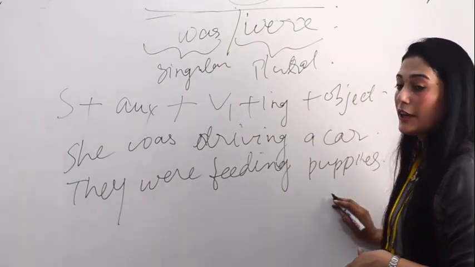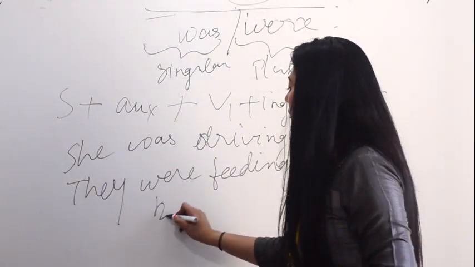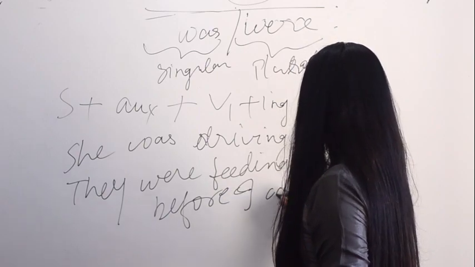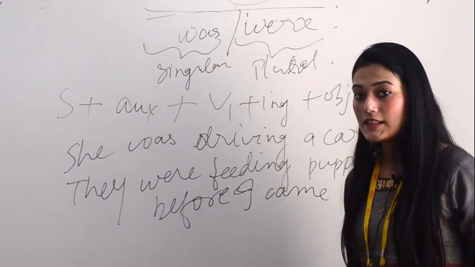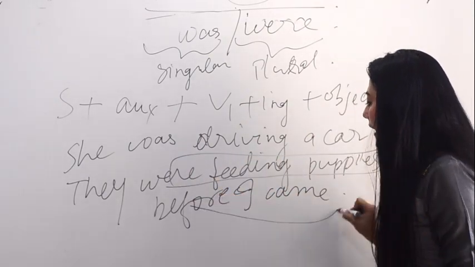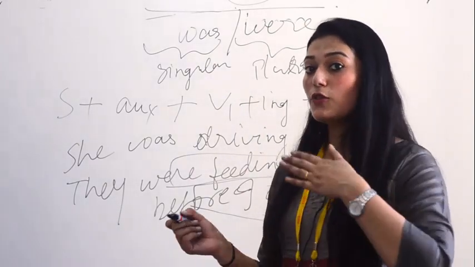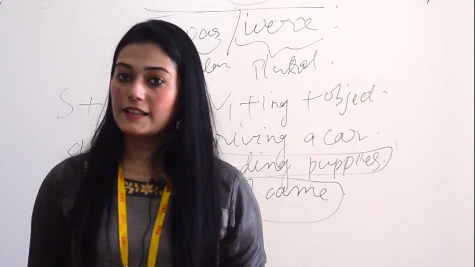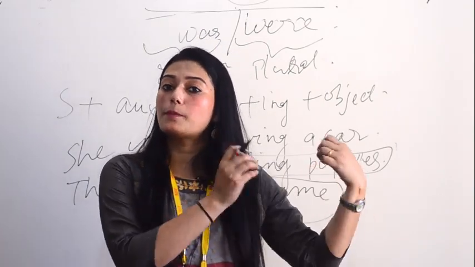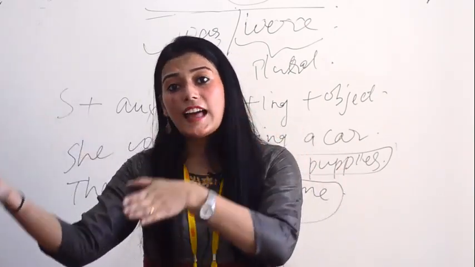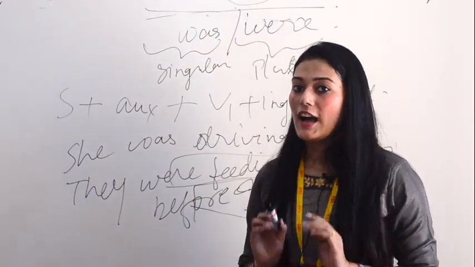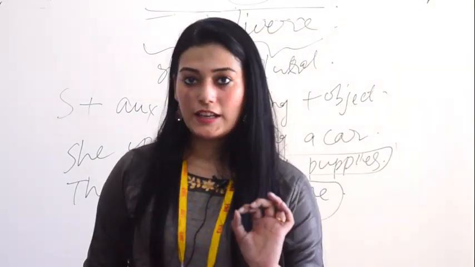They were feeding puppies before I came. That means this action was interrupted by this action. So before I came, he was feeding puppies. So any incomplete action which was happening in the recent past or past and is interrupted by another activity, you will say in past continuous tense. I hope you have understood what I am saying.